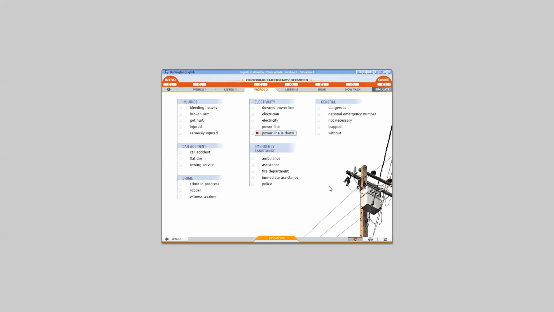Emergency assistance is our next section. Ambulance. Assistance.